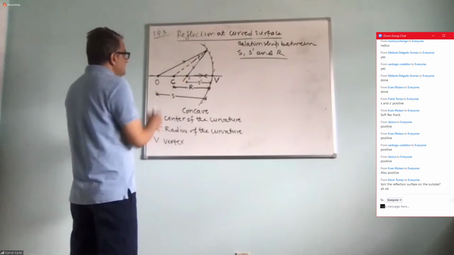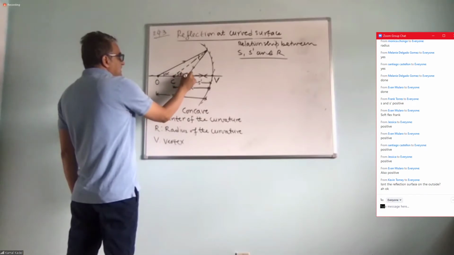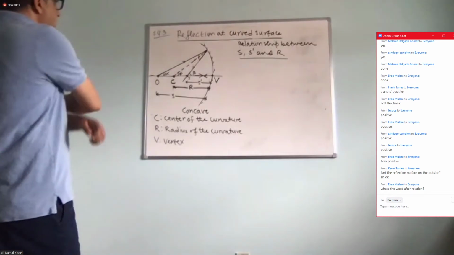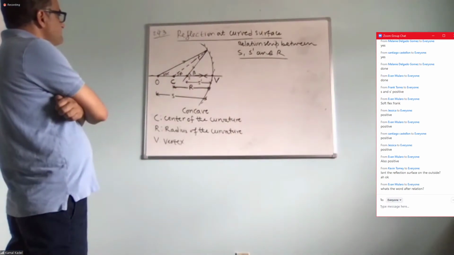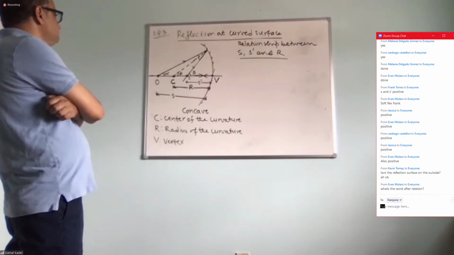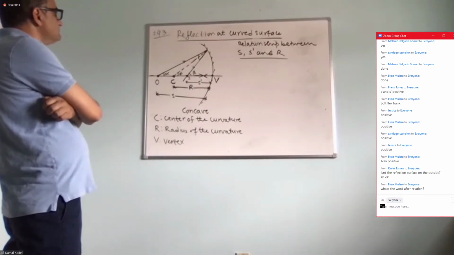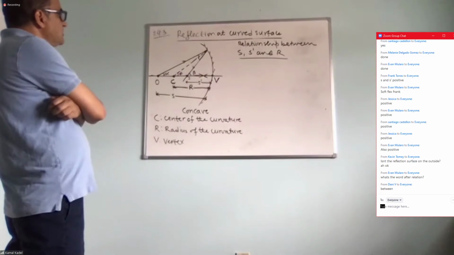Okay. So look, if I say this angle is alpha, this angle is phi, and this angle is beta. Right, everyone? Good.